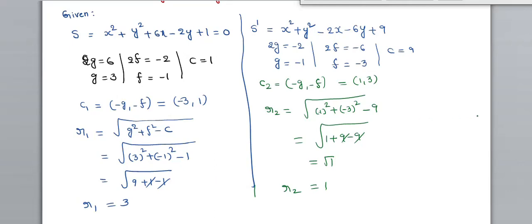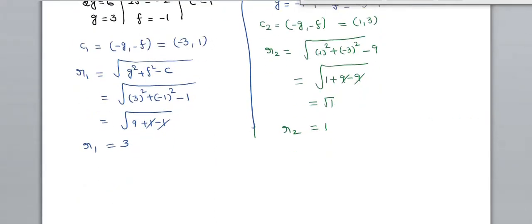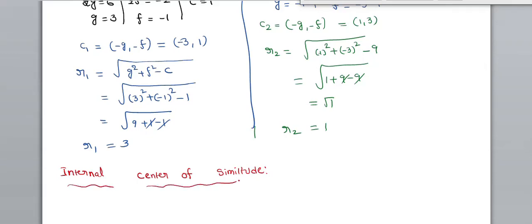Okay, internal center of similitude. That means P divides C1C2 bar internally in the ratio R1 is to R2.